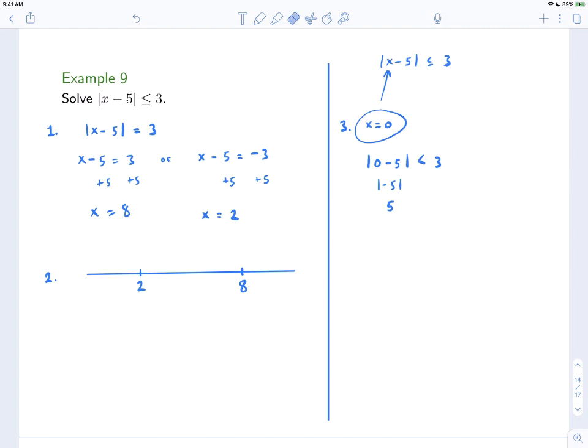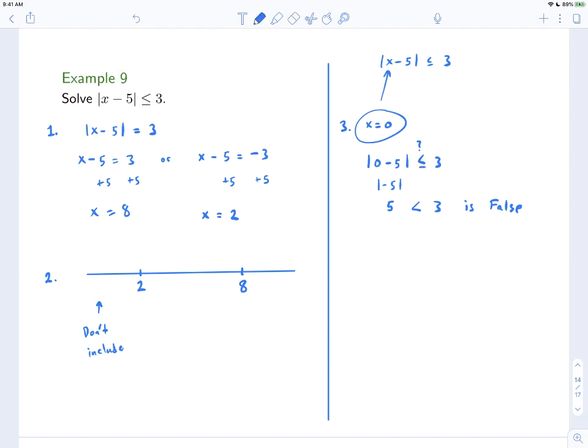So we want to know, is that true? That is false. So that means we don't include that interval, because 0 is a number in this interval which makes this inequality false.